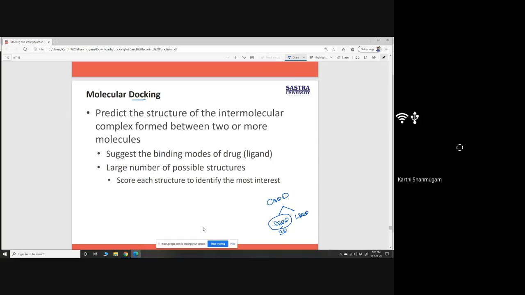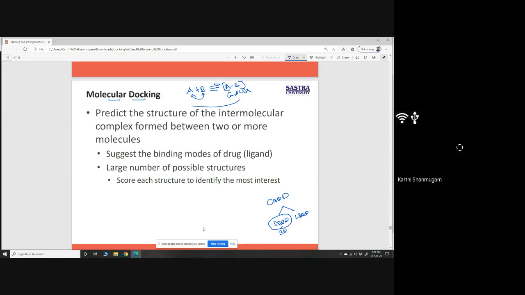In drug discovery, molecular docking is A plus B, which gives a complex AB: the formation of this AB complex with the help of a computer algorithm, using the molecules A and B. That procedure or protocol is what is called molecular docking or molecular docking studies, right?